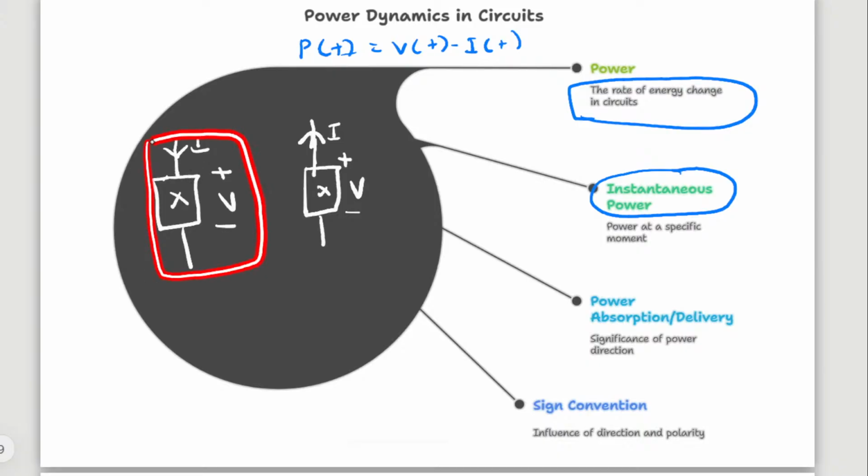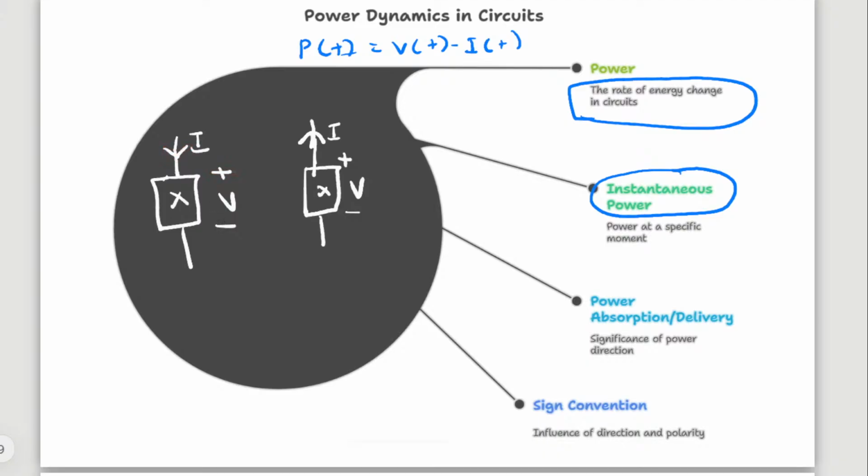In this case, the current is entering the positive side.